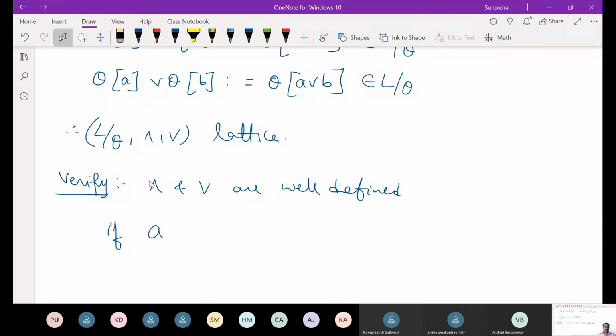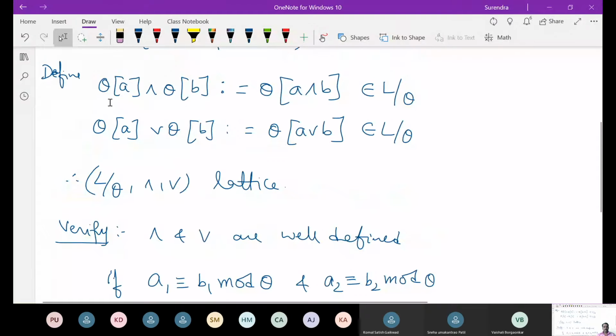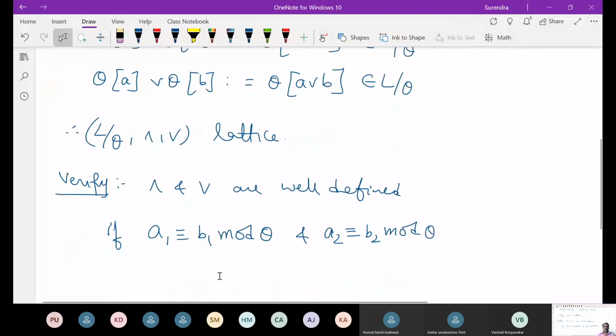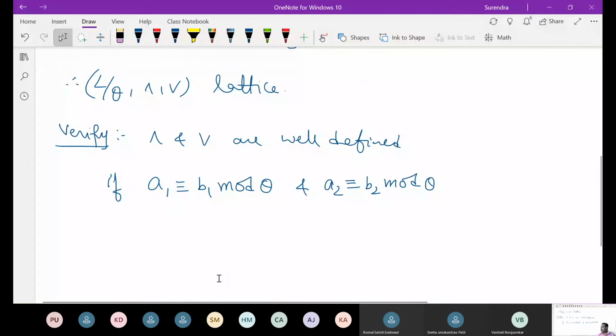if a1 is congruent to b1 modulo theta and a2 is congruent to b2 modulo theta, then what can you say about theta of a1 meet a2 and theta of b1 meet b2?